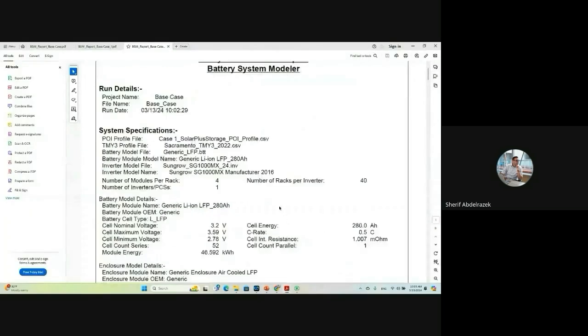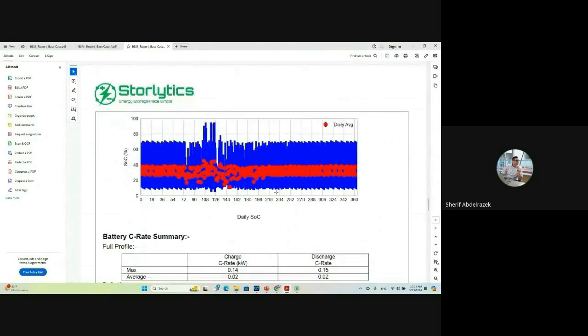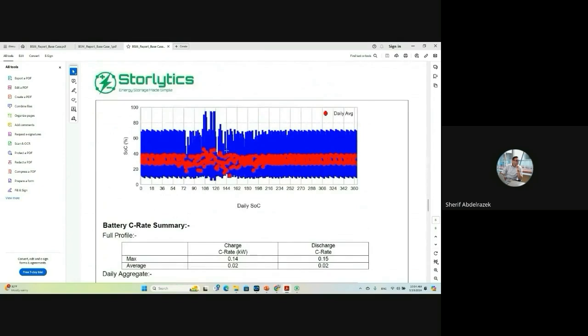So here, all right, let's look at the new report, right? Let's look at the state of charge charts. All right, so now every day we're starting at 20%, right? And now we're not hitting the state of charge maximum, and we were able to achieve much less degradation because of this, right?